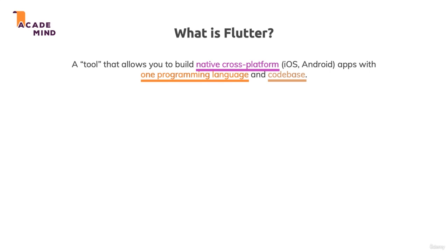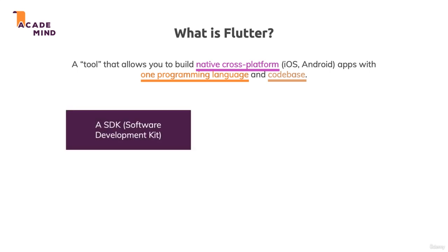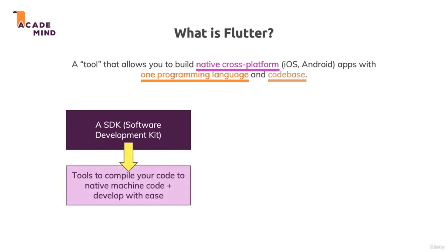If we have a closer look at Flutter, though, it's actually a combination of things. The term Flutter refers to two major things. One is a SDK, a software development kit. You could say a collection of tools that allows you to write one code base with one programming language. Because it includes tools to then compile this code, which normally would not run on iOS and Android, into native machine code that does run on these platforms.